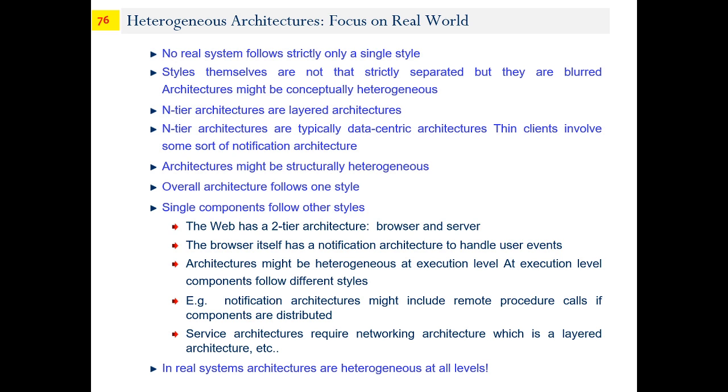Likewise, the web has a two-tier architecture, and then the browser itself has a notification, and we can see that it is not that easy to work around heterogeneous architectures, because you are trying to combine the architecture styles here. So that may not be that easy to work around.